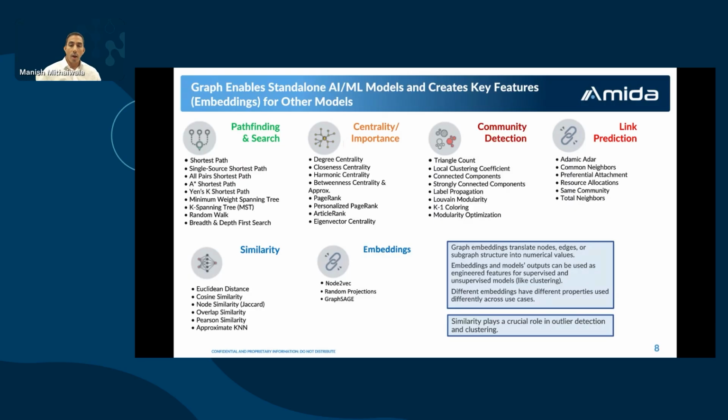As we will cover later, graph embeddings translate nodes or edges or subgraphs into numerical values that can be directly used as features for other machine learning tasks. Additionally, as we will see, similarity measures, in particular cosine similarity, can be used to determine outliers.